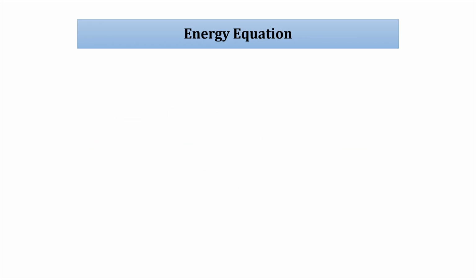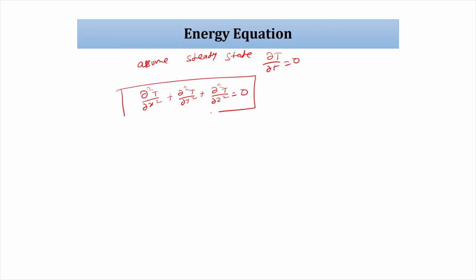Let us assume a steady state. So, the new form will be written as del square T by del x square plus del square T by del y square plus del square T by del z square, isn't it?